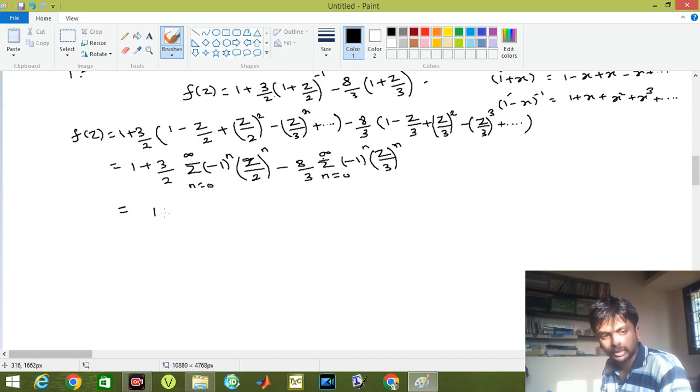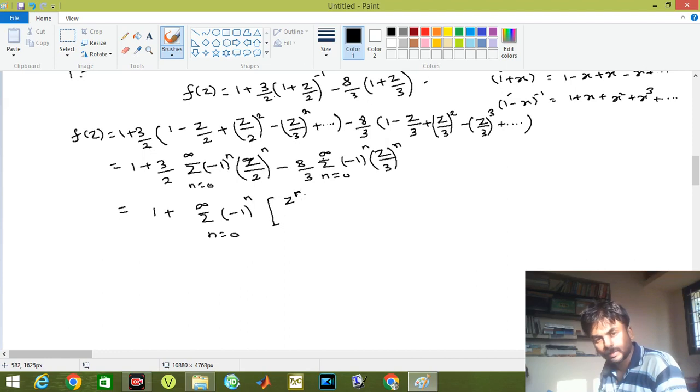That is equal to 1 plus summation n equal to 0 to infinity of minus 1 power n taken commonly, so that we get z power n divided by, I also have this 3, so 3 z power n divided by 2 power n plus 1, then minus 8 z power n divided by 3 power n plus 1.